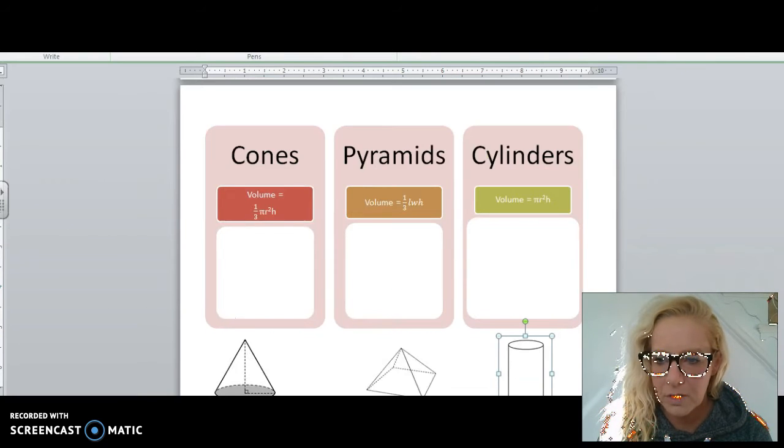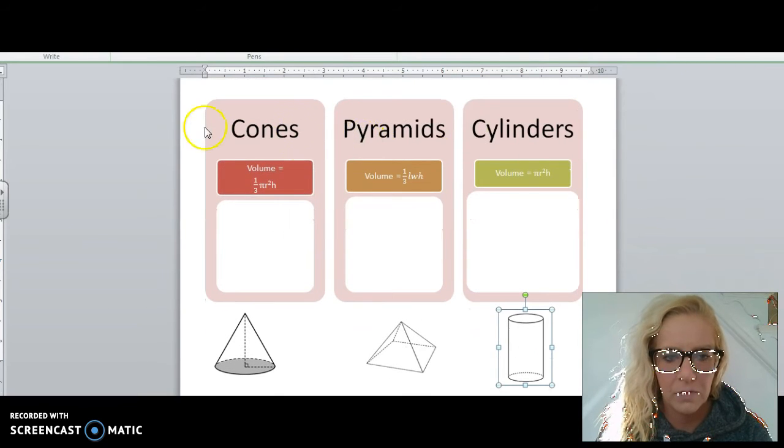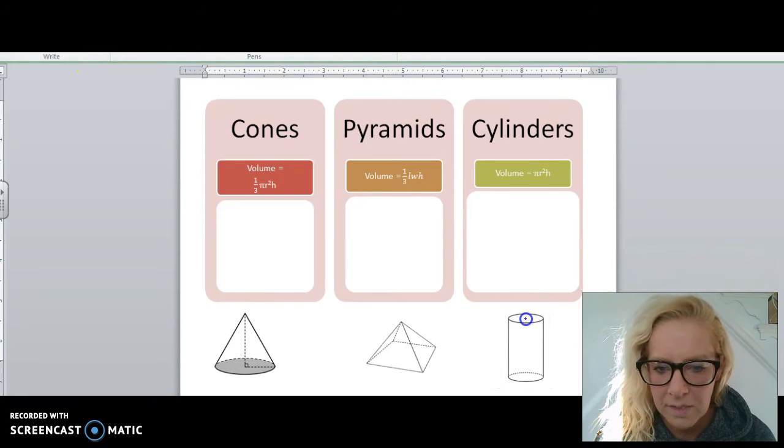Alright, so let's give some dimension to our cylinder. And in the next few videos, we'll be learning about cones and pyramids. So let's say our cylinder has a radius of 5 inches and a height of 13 inches.